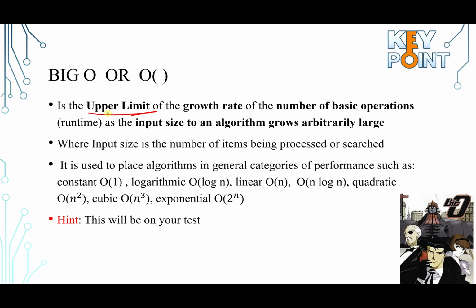Now, whether you search, whether you sort, whether you do anything to that list, we are going to say processed. The list is being processed. So it is used to place algorithms in general categories of performance, such as constant runtime, logarithmic complexity, linear, quadratic, and so on.